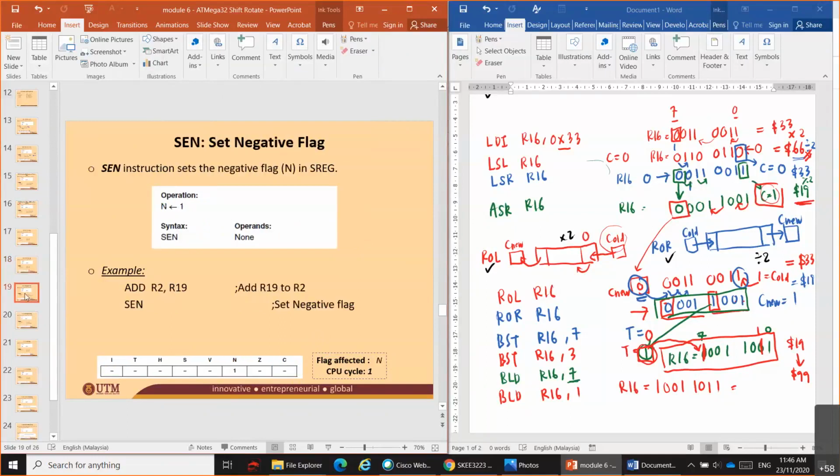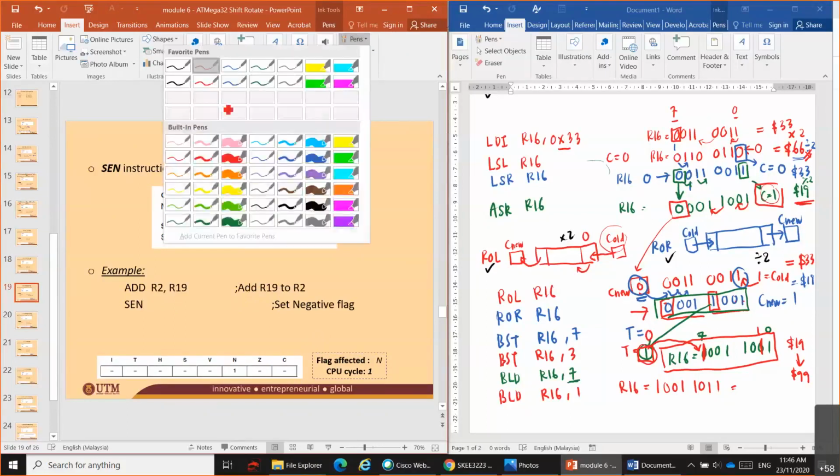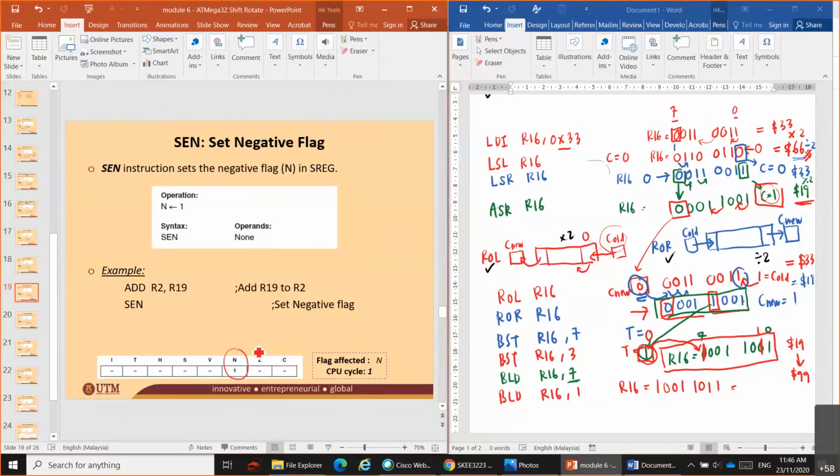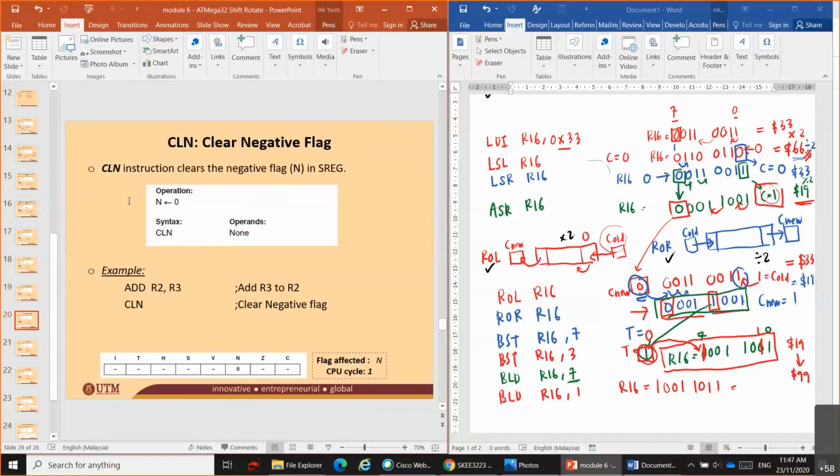Next we have the SEN. With this one, you're going to make your negative flag equal to 1. Your N equals 1, and the others remain. Then we have the CLN to clear your negative flag. Every time you execute the CLN, your N always equals 0.